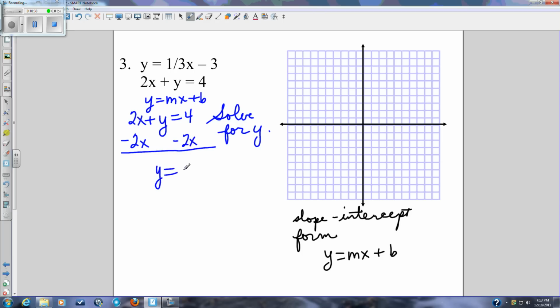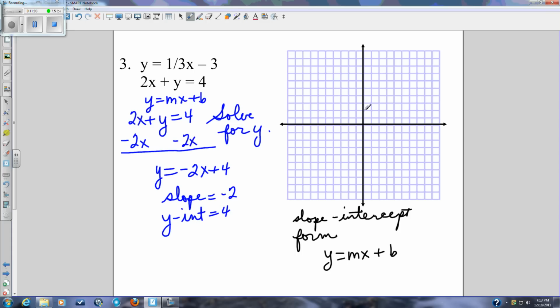And we are left with y equals negative 2x plus 4. Okay, so now both of our equations are in slope-intercept form. The one we just solved for, where we solved for y, let's list our slope. Our slope is negative 2. And our y-intercept is 4.